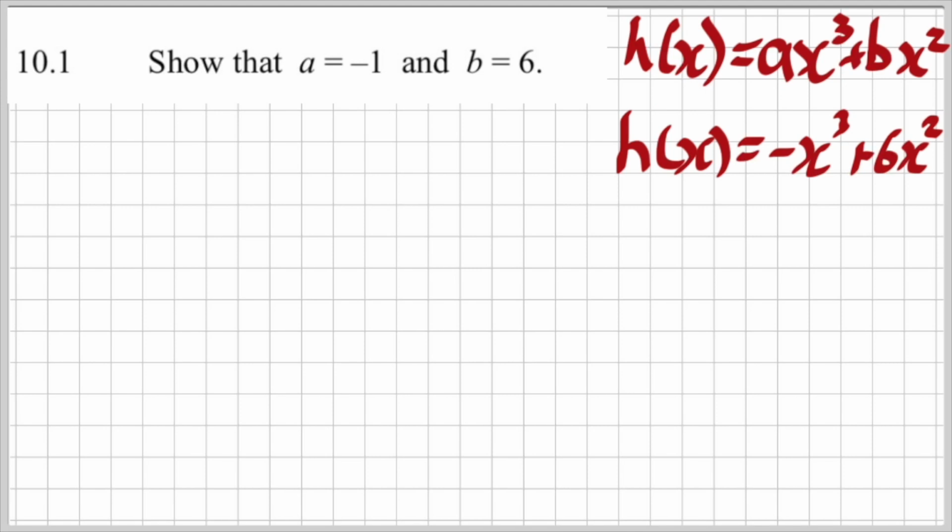You are not allowed to start with what they say you've got to find to answer the sum. You're not allowed to at all. So you must ignore what they tell you to get it equal to. You actually have to say, okay, I don't know what a and b is. Let me just solve. I see students every year trying to start at the end point where they want to. And now they say, okay, but what if?